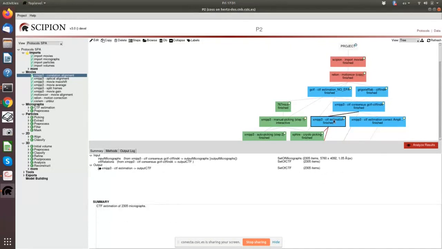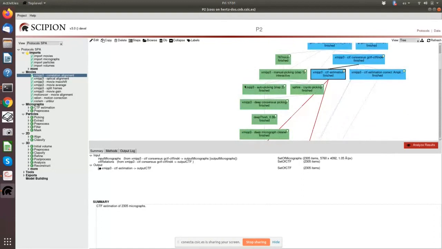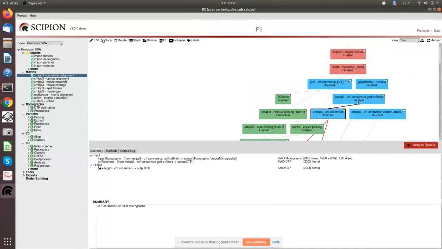And then you can have the CTF estimation. And here the CTF estimation of XMIP, there is a way, and this is only in development, because I trust so much this defocus parameter that I have estimated here, now I don't want to touch that defocus.